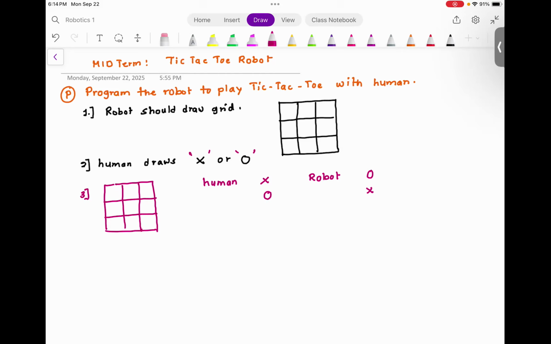And the code should intelligently tell the robot where to draw it. This algorithm, you can find using ChatGPT or MATLAB code, or it can be a rule-based system.